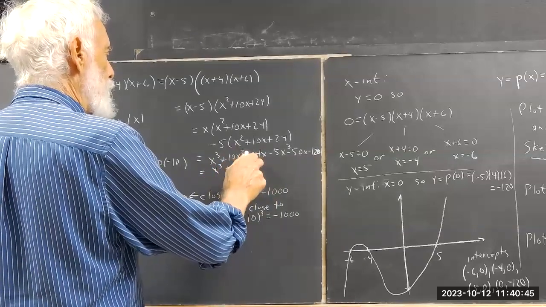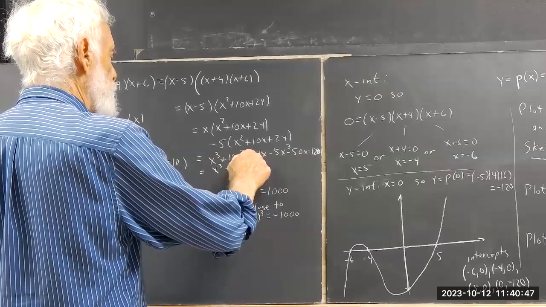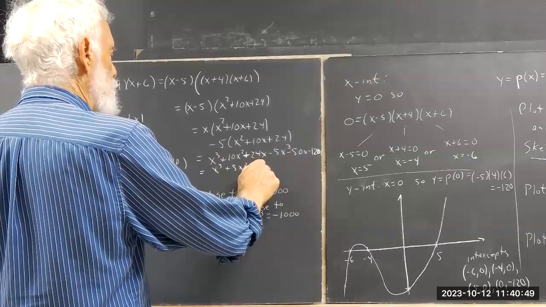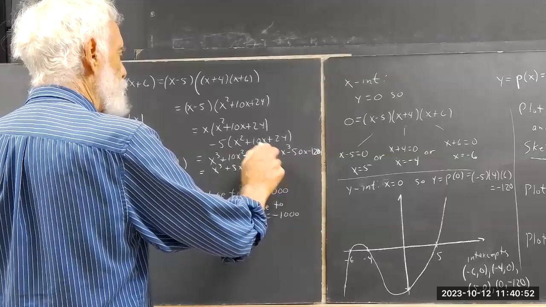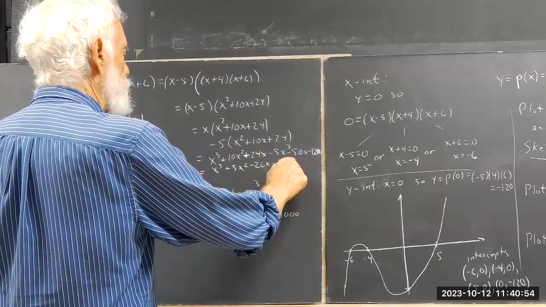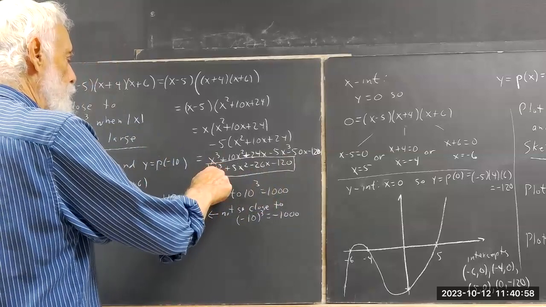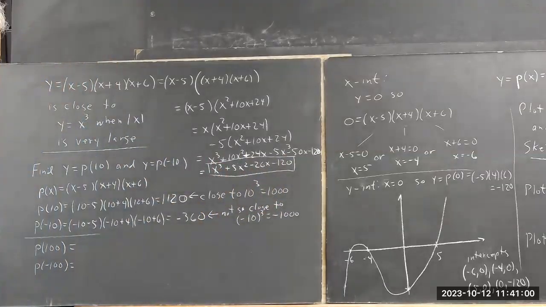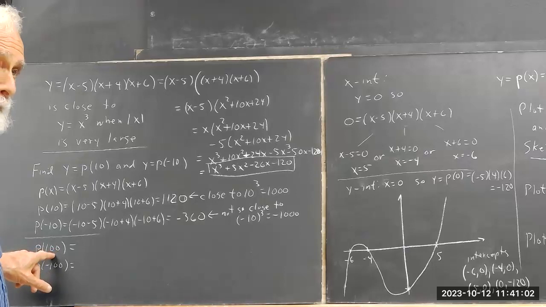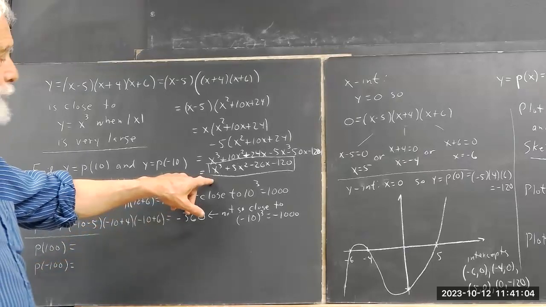Then we have plus 24x and minus 50x, that's minus 26x, minus 120. Right there is the expanded form of our polynomial. Now, if I want to evaluate this when x is 100, first thing I do is I cube 100.